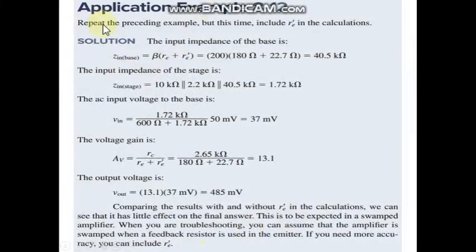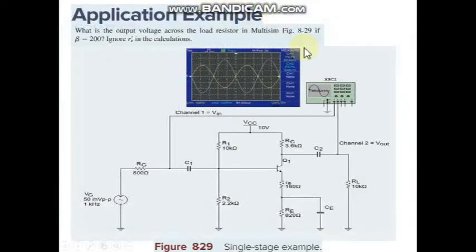Now repeat the previous example, but include the value of RE dash in the calculation. Here it was clearly said that you ignore RE dash in the calculation.